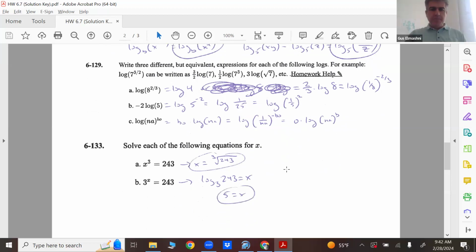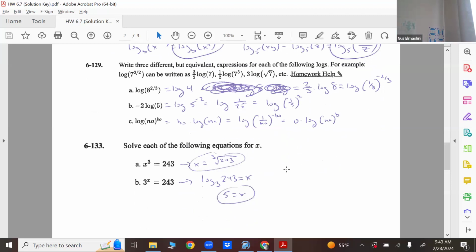All right. 6.129. That was kind of a funky one. But you can move the 2/3 to the front. That's totally fine. Or you could evaluate it. If you evaluate it, I know the cube root of 8 is 2, squared is 4. You can do the 2/3 to the front, or maybe make that negative 2/3.